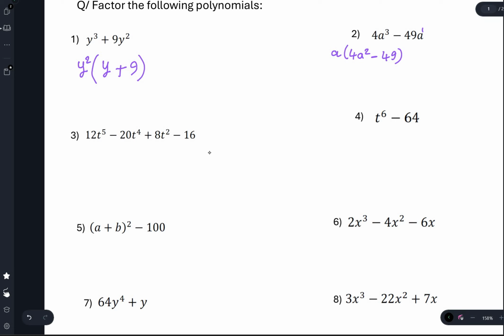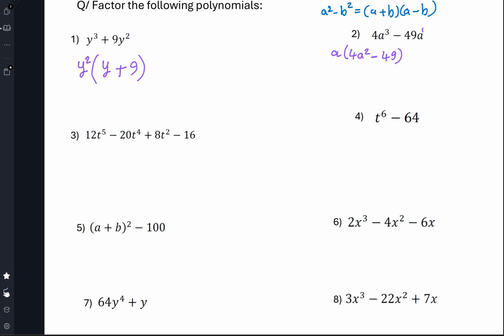Students, here in this question, 4 is a square, a power 2 is also a square, 49 is also a square, and we have a rule saying a square minus b square equals a plus b and a minus b.